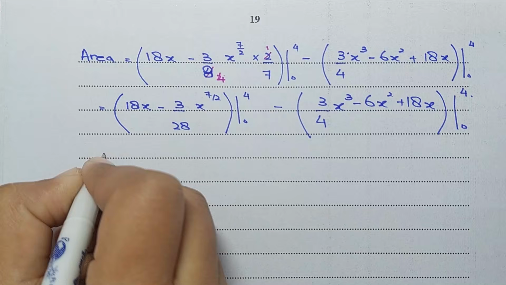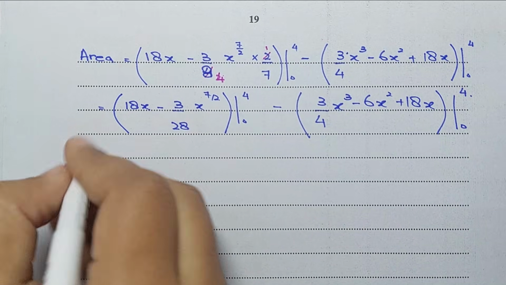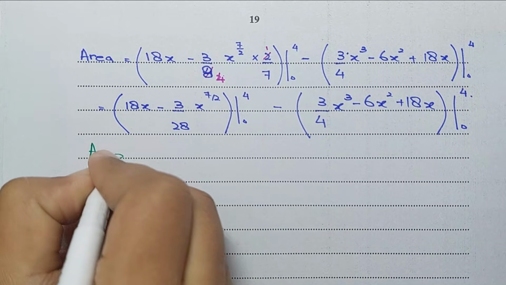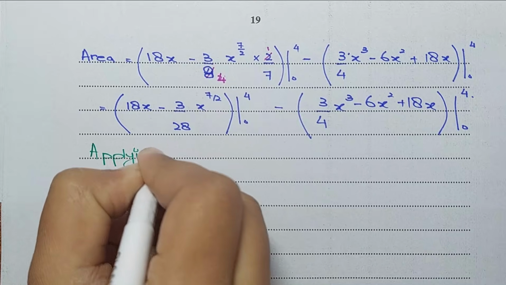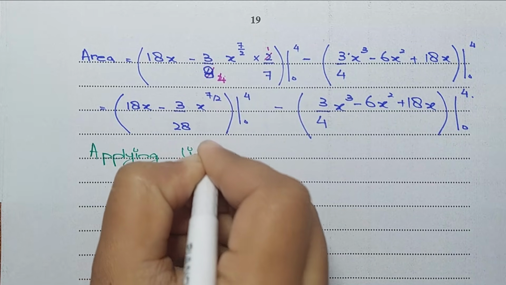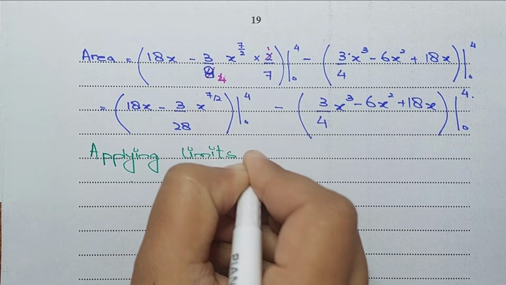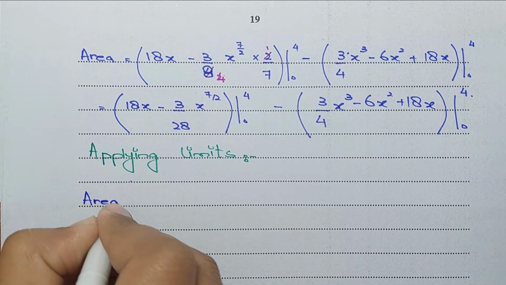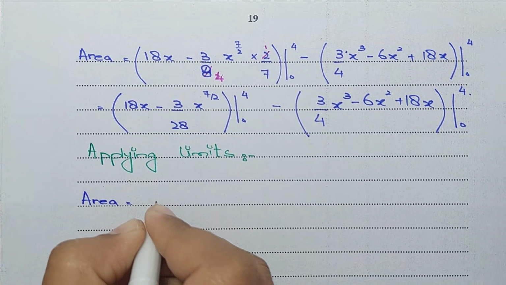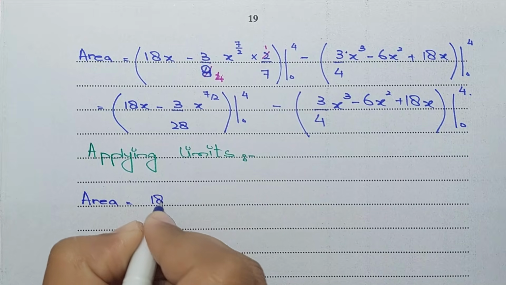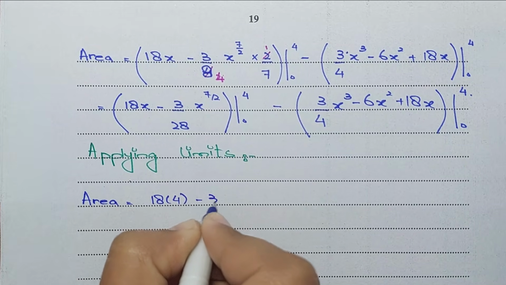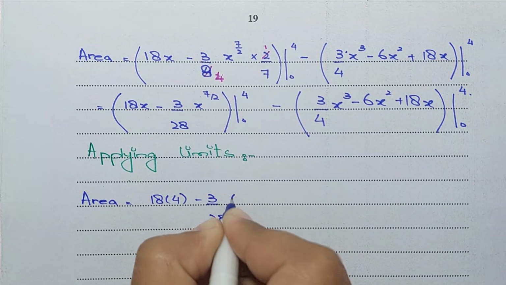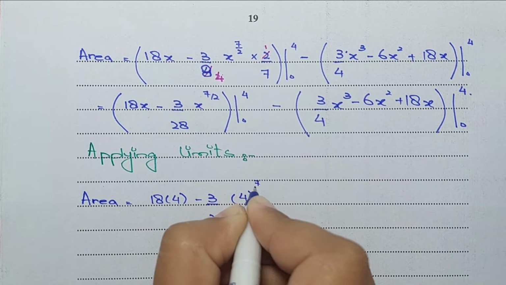Alright, now let me apply the limits. After applying limits, the area becomes, the upper limit is 4. So 18 times 4 minus 3 over 28, 4 to the power 7 by 2.